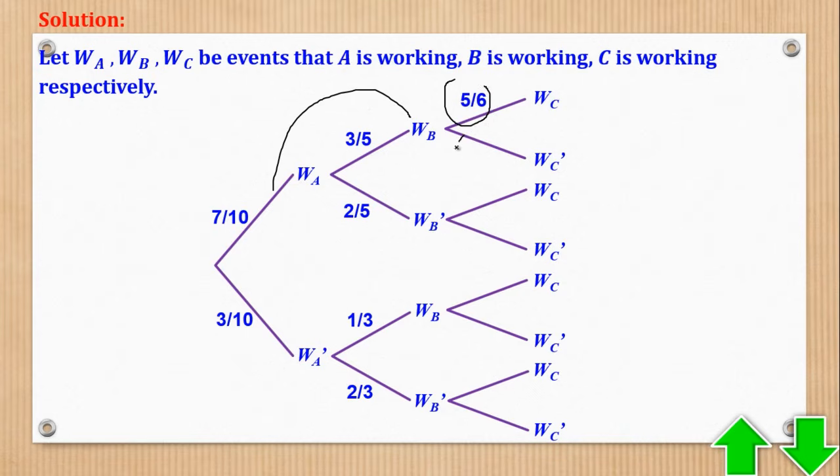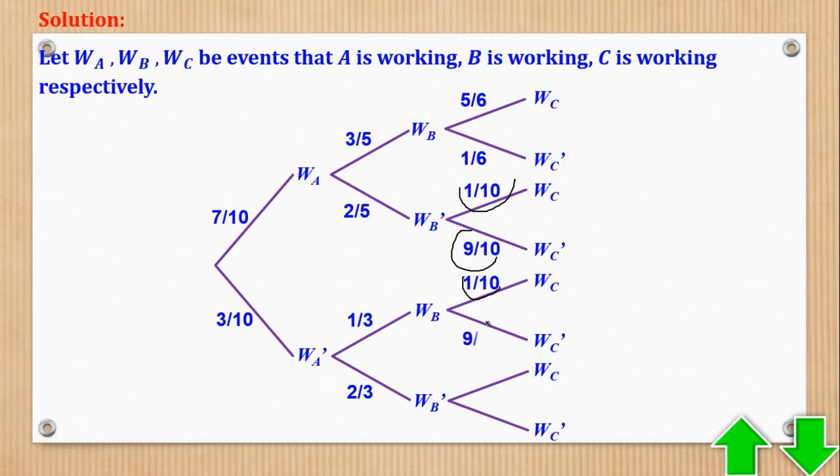Its complement will be put here, which is 1 over 6. Otherwise it is 1 over 10, so this one is 1 over 10 here, complement is 9 over 10, and here it will still be 1 over 10, complement is 9 over 10, here 1 over 10, complement is 9 over 10. Okay, so that is the tree diagram. Next is to answer the questions.